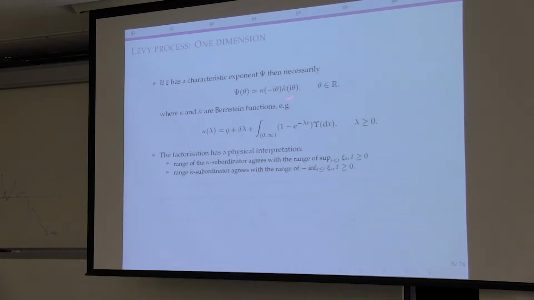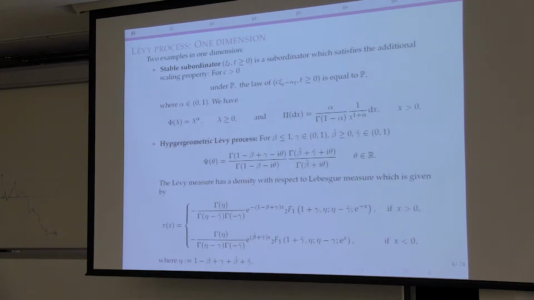And in fact, the factorization is unique according to that analytic extension. So there may, of course, be other Bernstein functions that do this, but it's unique in the class of Bernstein functions which can be analytically extended into the upper and lower half plane, respectively.